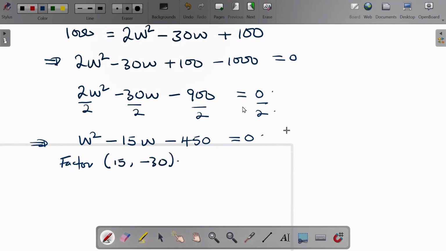If we add 15 plus negative 30, we are getting negative 15, which is our sum of the factors. Then if we multiply them, 15 multiplied by negative 30 gives us negative 450, which is the product of factors.